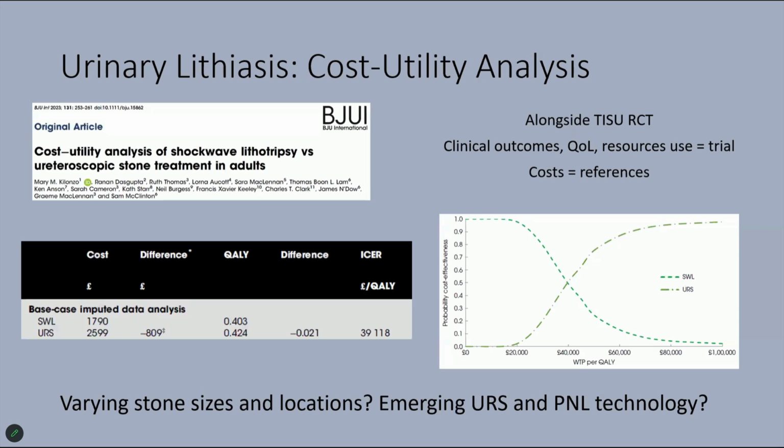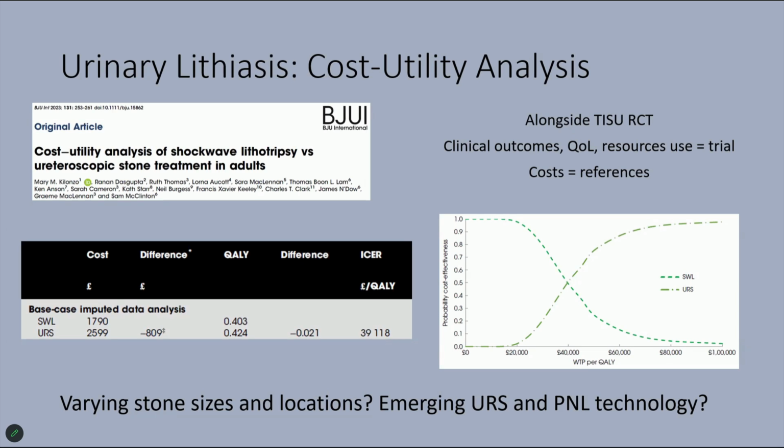So Constanti et al. recently performed the first cost utility analysis on this topic, which was performed alongside the TISU randomized controlled trial of upfront shockwave lithotripsy versus ureteroscopy for ureteric stones less than 1 centimeter. So 613 patients across 25 UK centers. And the clinical outcomes and the quality of life for the analysis were acquired from the trial, while the costing was acquired from an NHS perspective.